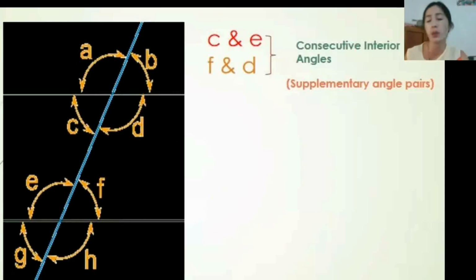You know the meaning of the word consecutive, right? Consecutive means one is next to the other, right? They're in the interior, of course, interior of these two parallel lines. And what does it say when two angles are on the consecutive interior side of the transversal? Are they also congruent?